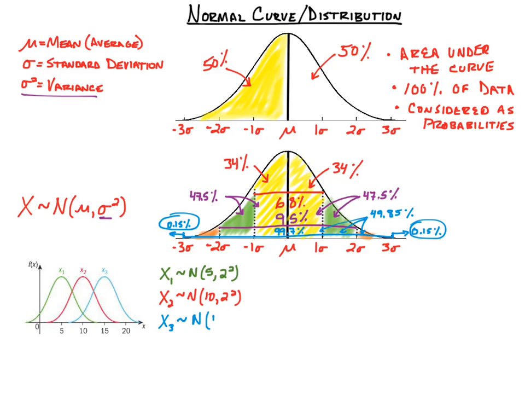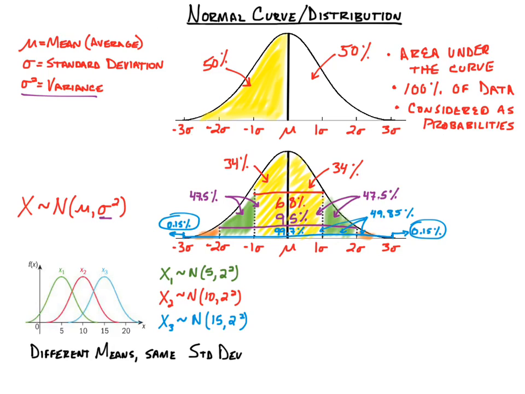And x sub 3 is normally distributed with a mean of 15 and a standard deviation of 2. So what this is showing us is that we have different means, but we have the same standard deviations. And even though we have different means and same standard deviations, we could still talk about the data in relation to each other using the standard deviations as a reference point.